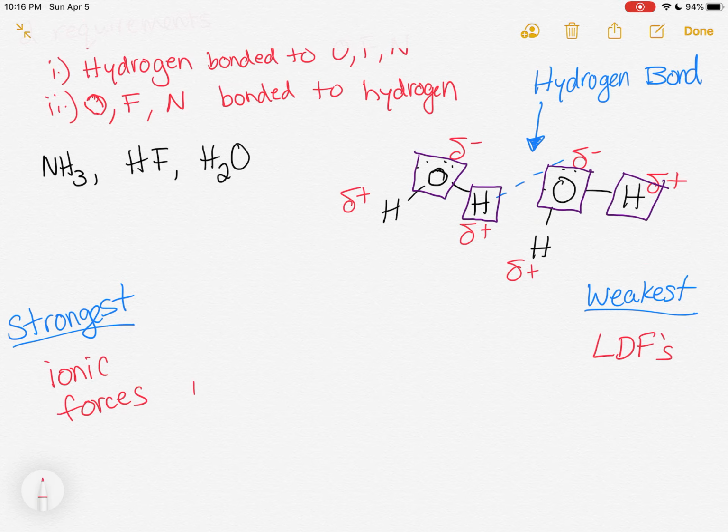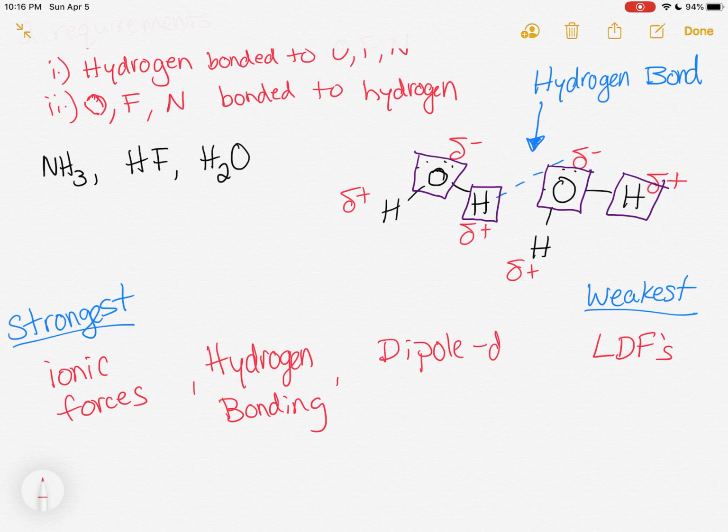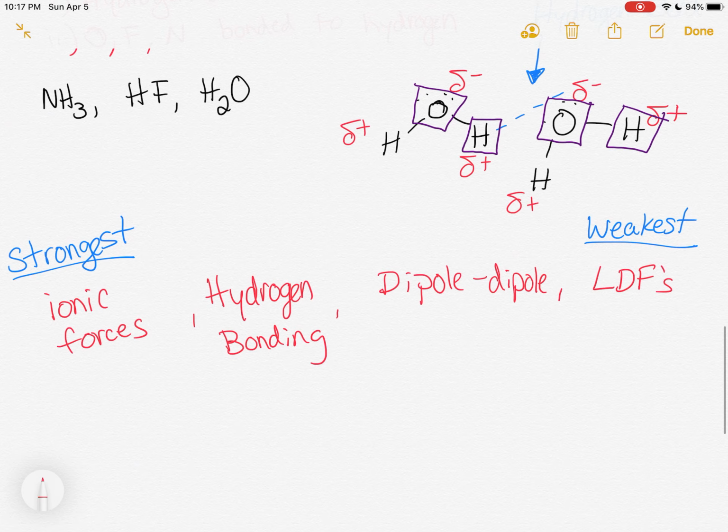After ionic forces in terms of strength, we get hydrogen bonding, and then dipole-dipole forces. So ionic forces are the strongest, hydrogen bonding is second, then dipole-dipole forces, then our weakest are going to be LDFs.